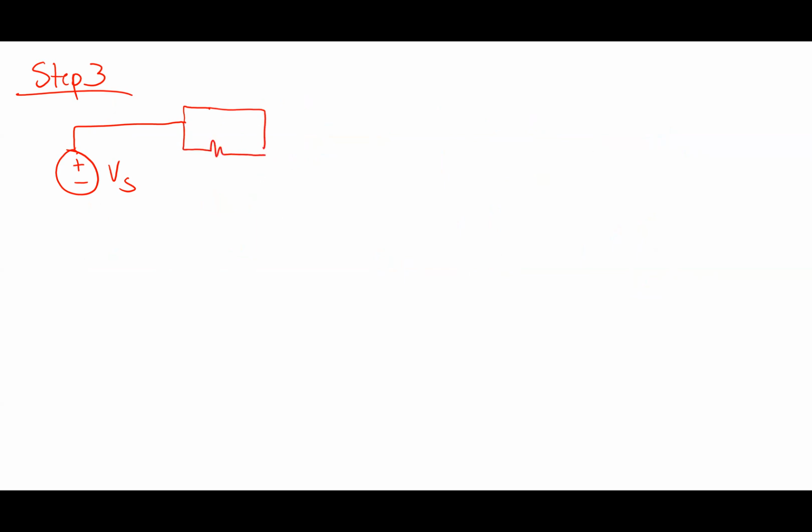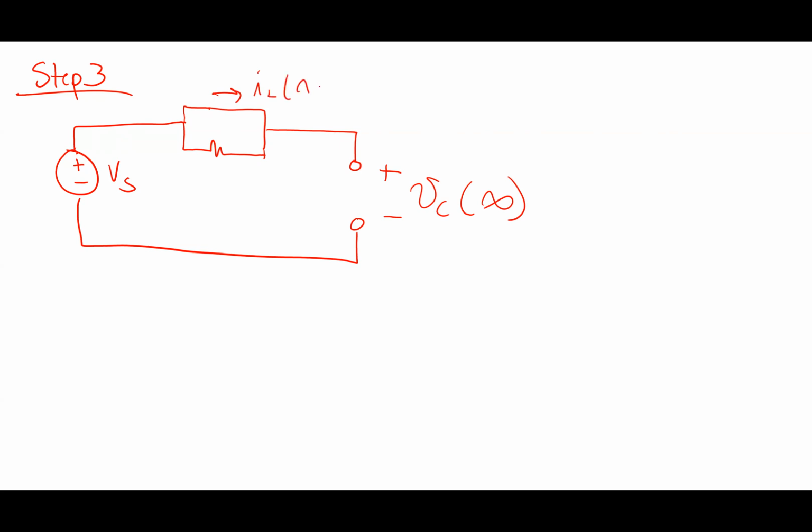So the L became a short and the capacitor becomes an open. This is V sub C of infinity, and here's I sub L of infinity. So what's V sub C of infinity and what's I sub L of infinity?